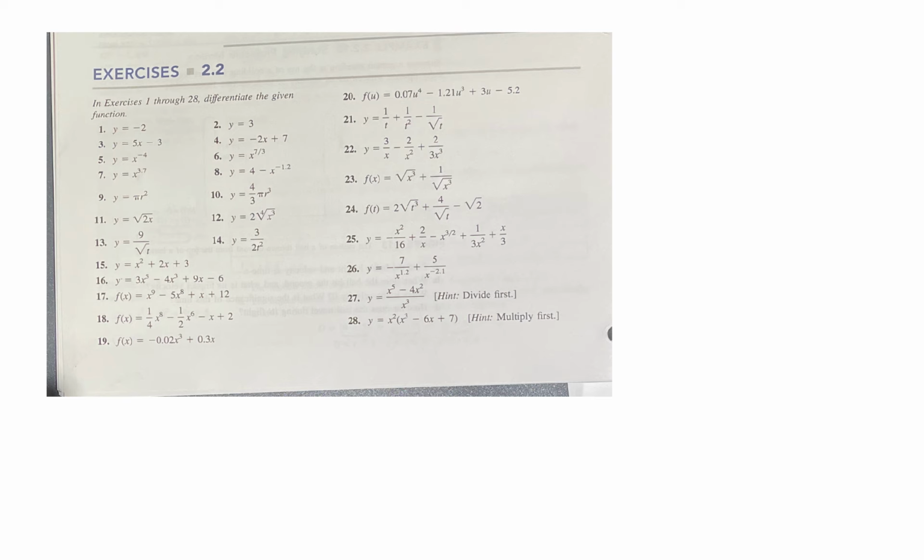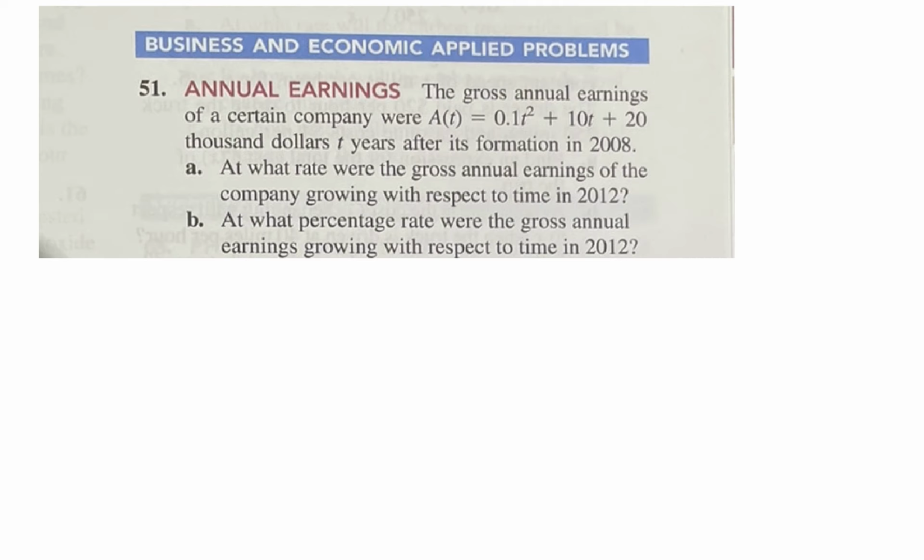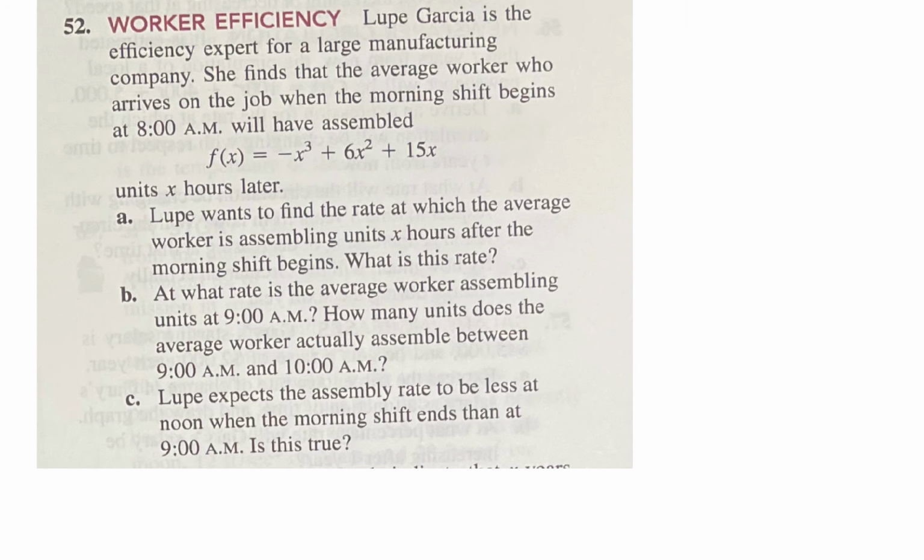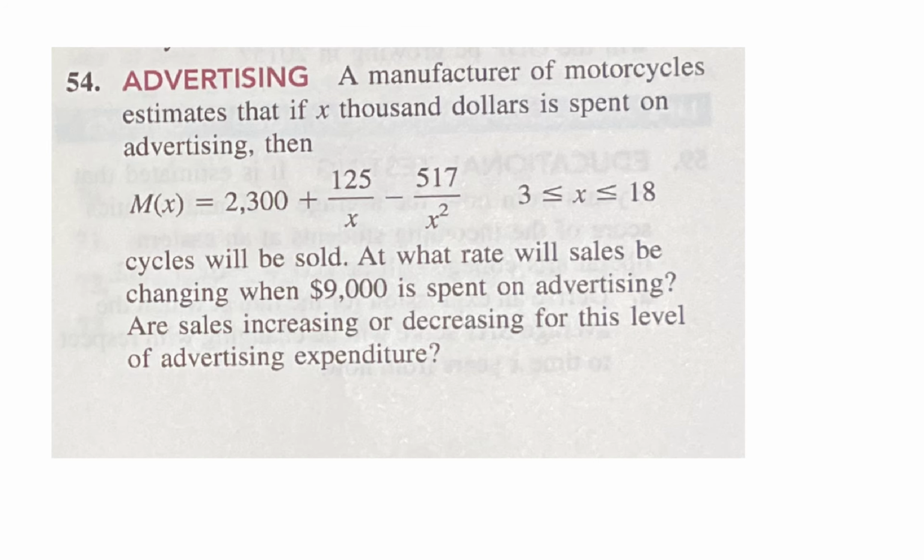And we will do these kinds of problems as applications of calculus: weight, annual earnings. We will use the derivative to find the rate of change, and we will do all these problems when we master these ideas. Okay.